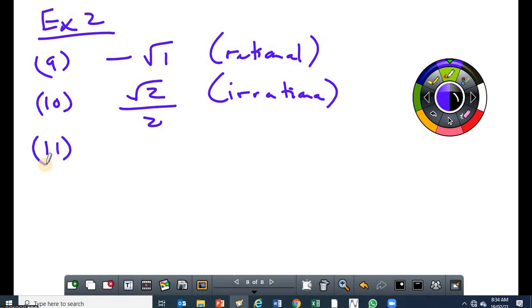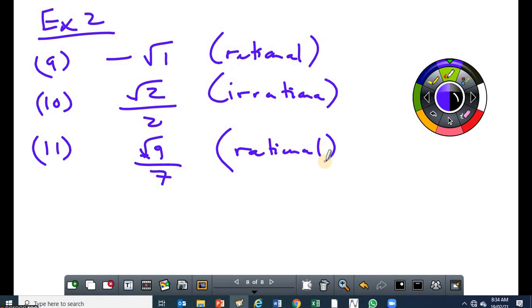Then number 11, that's the square root of 9 over 7. Is that rational or irrational? It's rational because the square root of 9 is an integer, and the denominator is already an integer, so that's rational.